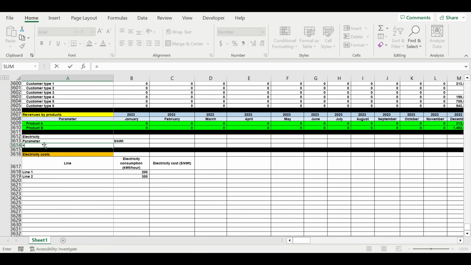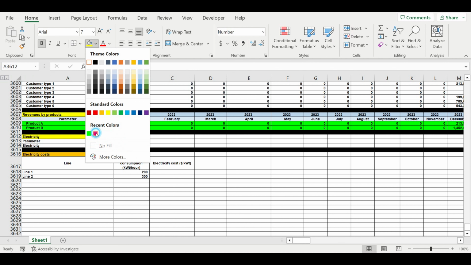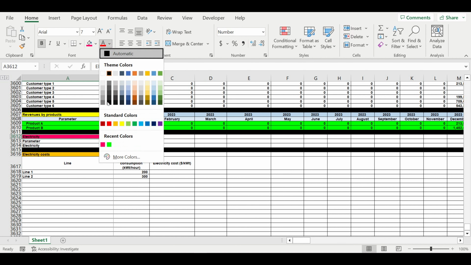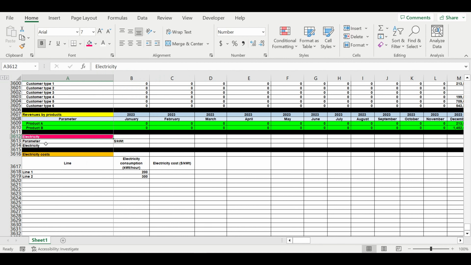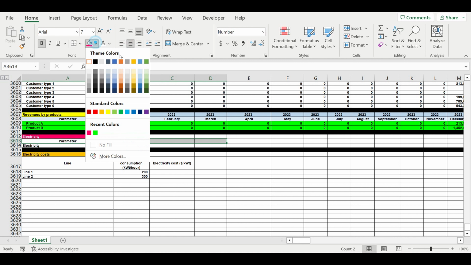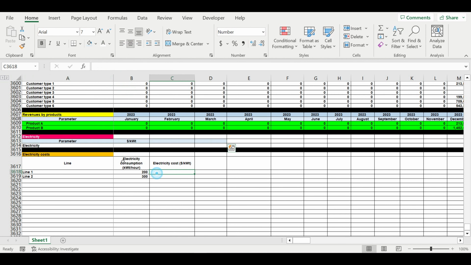So here the parameter will be electricity. So the price per kilowatt, for example, will be, let's say, $2. We can put any value.